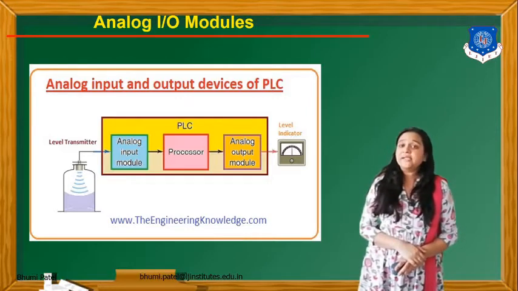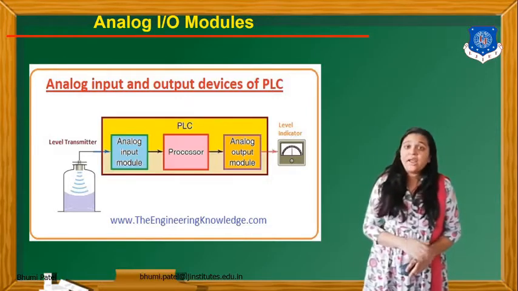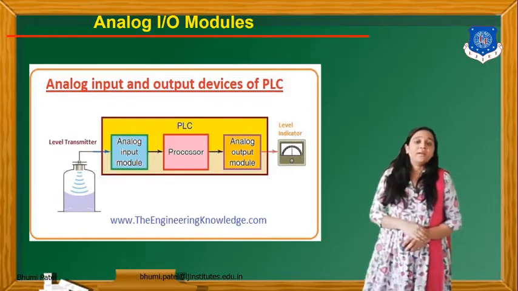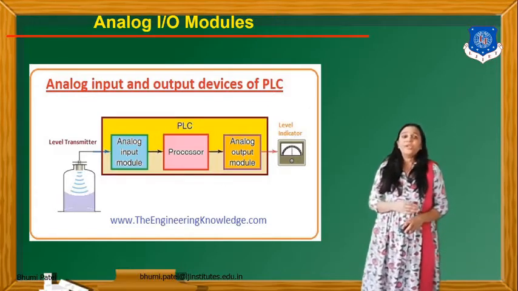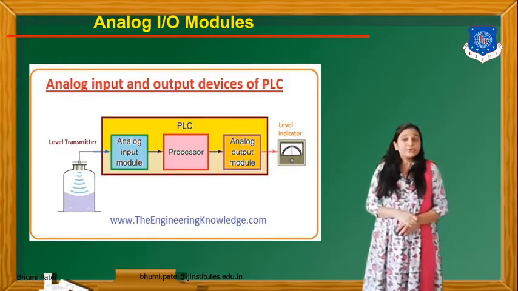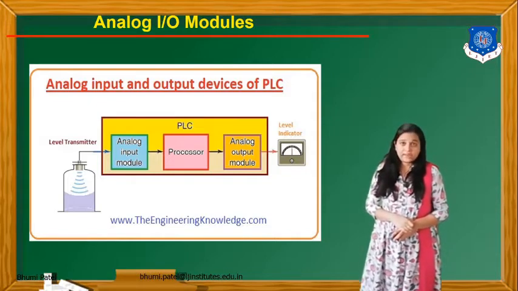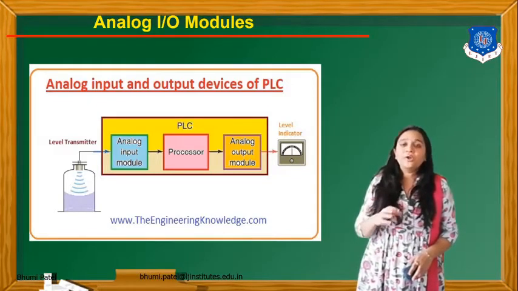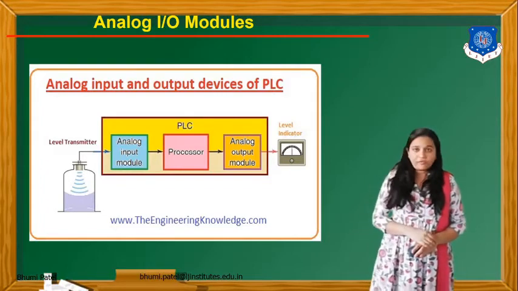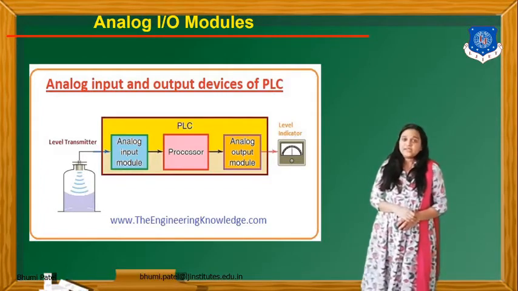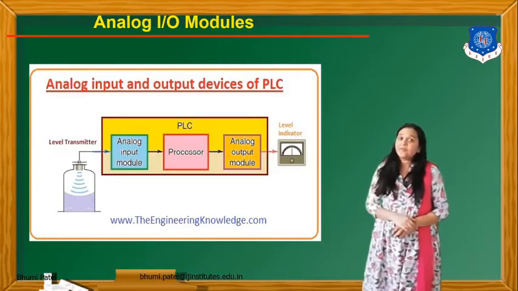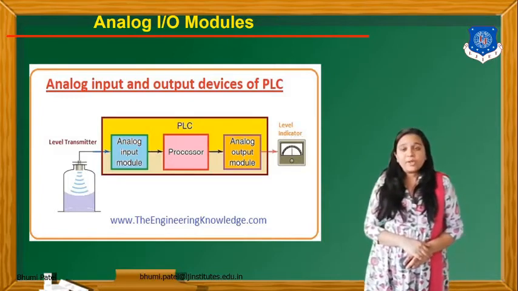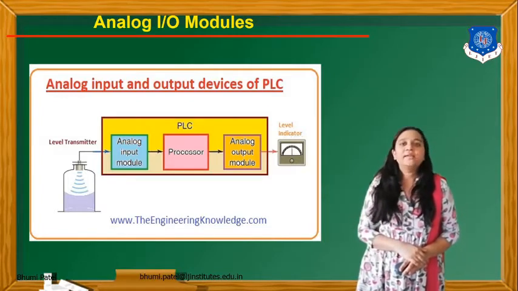Now the PLC is a type of processor that understands only digital values. So our first target is to convert this analog input module data to digital form, because the PLC hardware is connected to the CPU, and the CPU identifies only digital values.